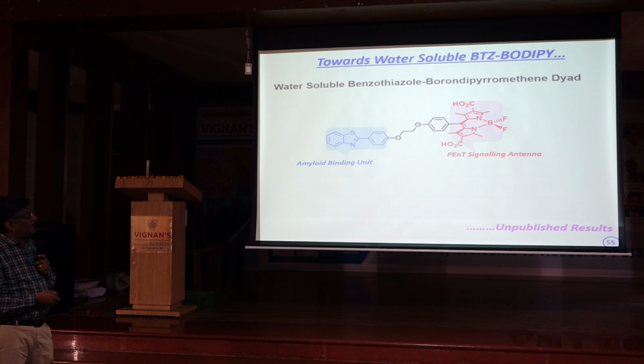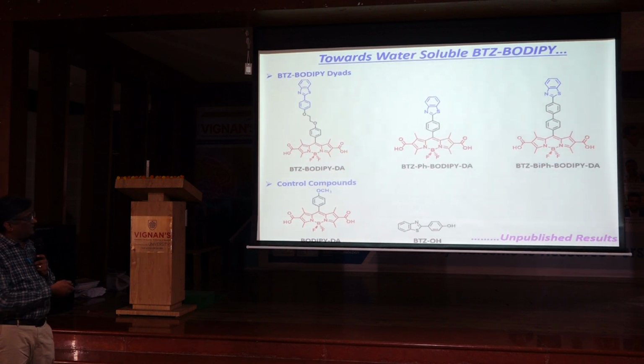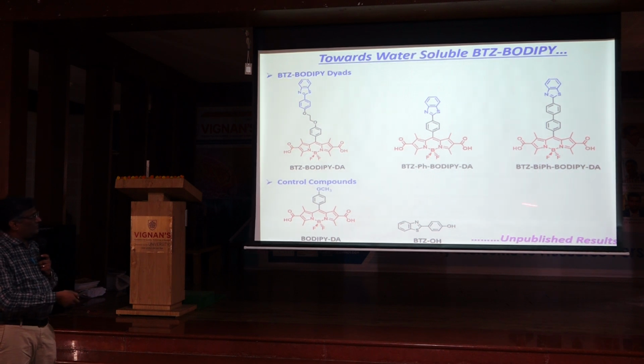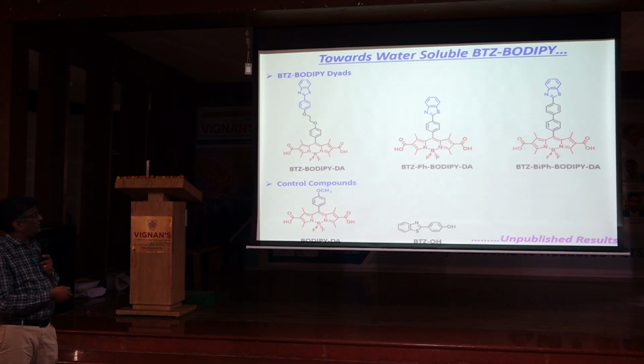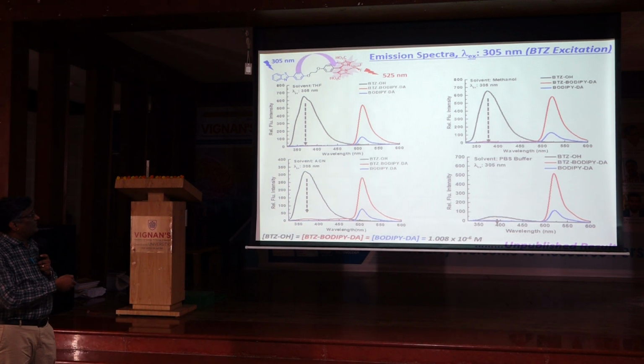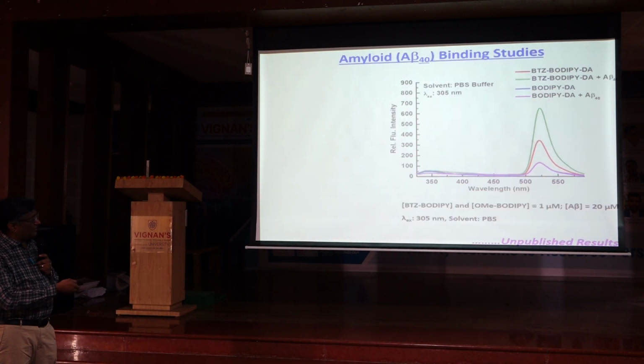So we actually made a water-soluble amyloid binding probe, where we made different types of probes. These are unpublished results. We are planning to write a manuscript on this, and we can see the same energy transfer in all the polar solvents.